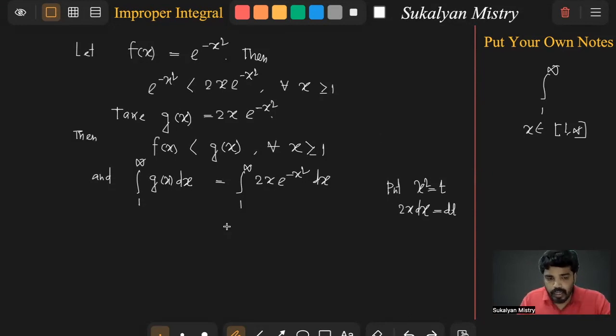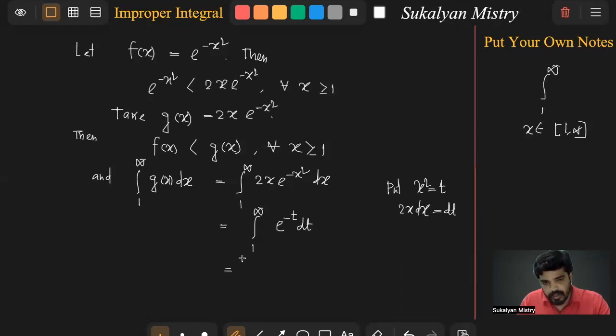So now when x is equal to 1, t is equal to 1, when x is equal to infinity, t is equal to infinity, so integration 1 to infinity. Okay, so 2x dx means dt, and e to the power minus x square is e to the power minus t.